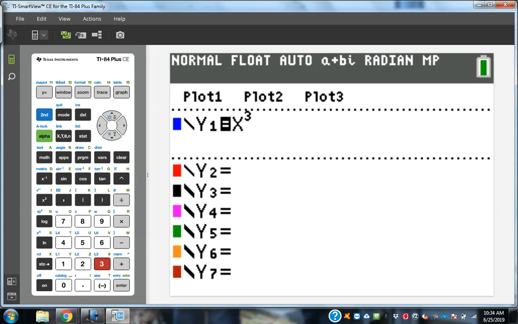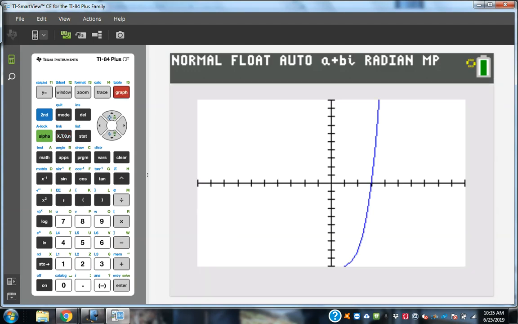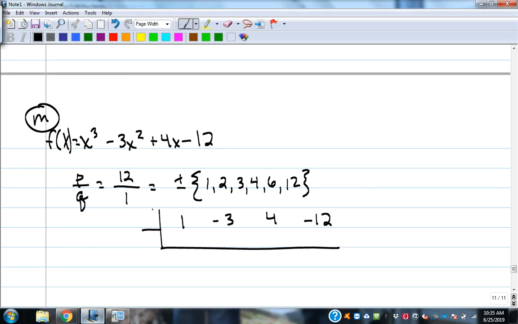X to the third minus 3x squared plus 4x minus 12. I only see it crossing the x-axis in one spot. That means I only have one option. I'm going to hit trace. It looks like a +3. I hit trace 3, and that is the only place it crosses. So I'm going to put a +3 on the shelf.